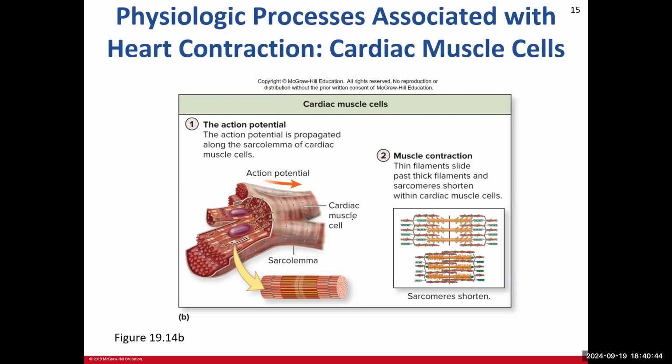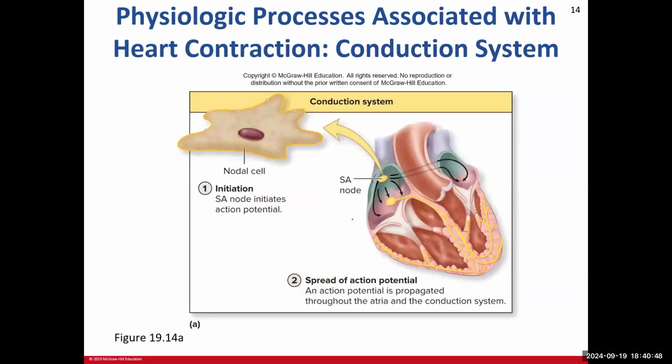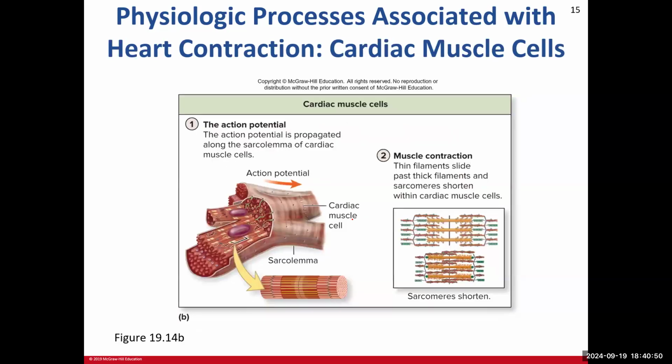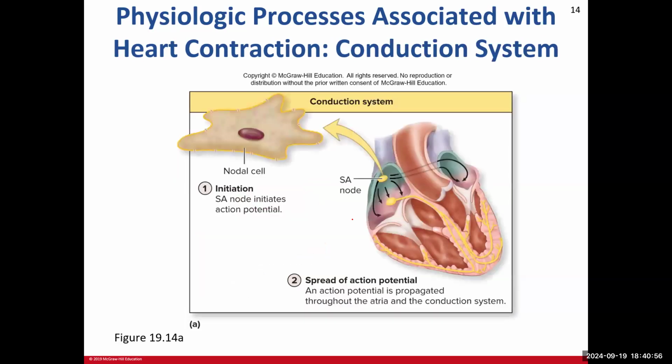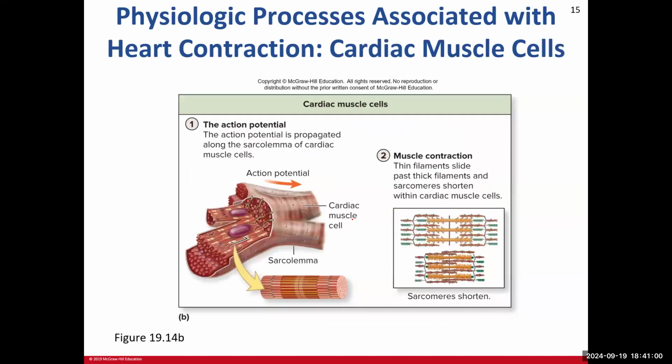Again, we know this process. I'm just reviewing that because that's what we're going to see. Nodal cells do not contract, right? Our cardiac muscle cells do contract. Both cells depolarize. This cell depolarizes with an action potential, and this cell will depolarize, except one contracts and the other one doesn't.